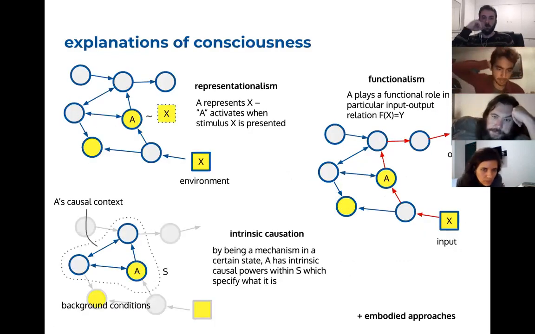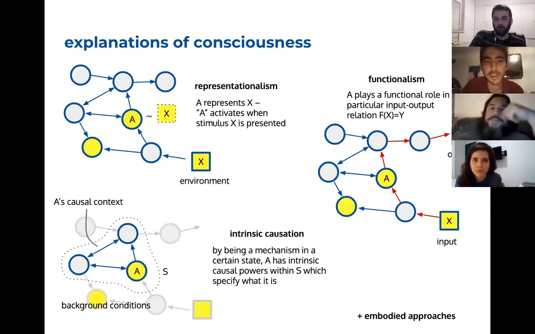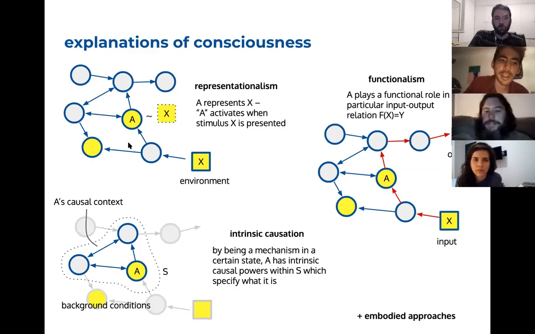Just some context on how this already differs from other approaches to consciousness. The more common and traditional approaches to explaining consciousness historically would say that you have a network that's responsible for consciousness. So you have some part of the brain that is responsible for colors.